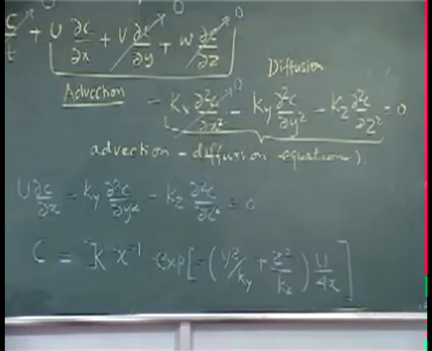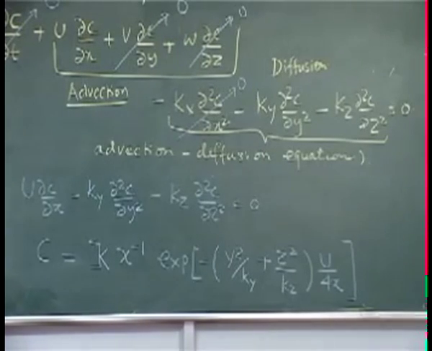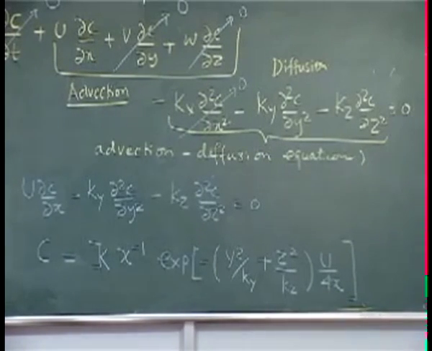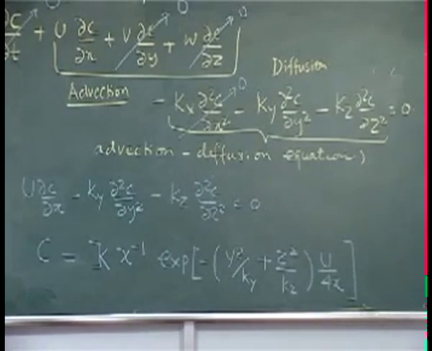I promised you that we will make some assumptions and solve this equation analytically. Suddenly life becomes very simple. You can do anything and everything with a little calculator or with your log tables, and forget about solving it numerically. But don't forget, to get to that we have made many assumptions.